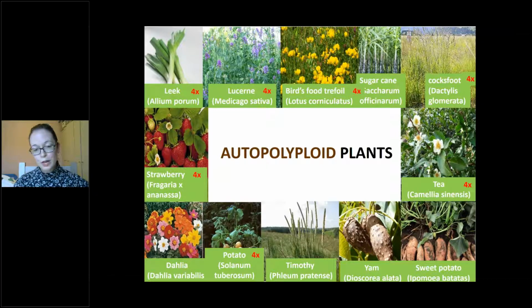I was talking earlier in the special issue part about blueberry as an important autotetraploid fruit. We've also got leek, strawberry, and lots of other species here, including my favorite one, potato, down the bottom here. So being able to understand the genetic basis of complex traits in these species is obviously more challenging with the multiple sets of chromosomes that polyploids have.